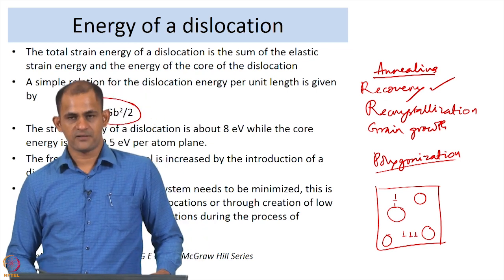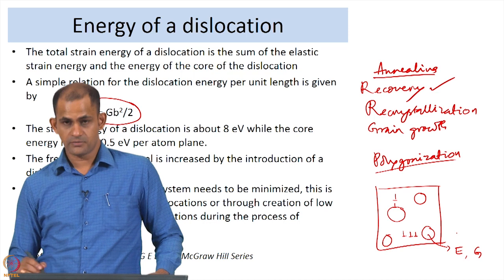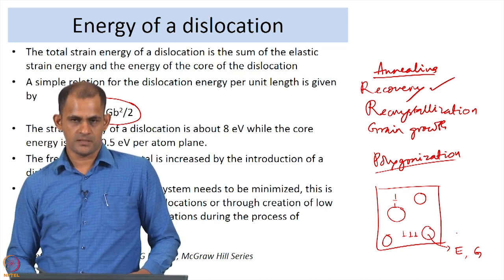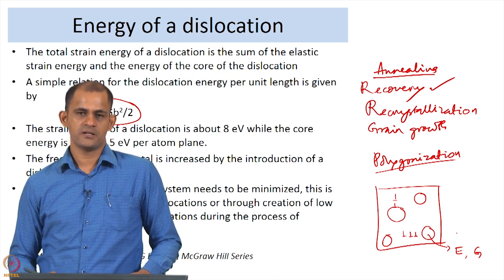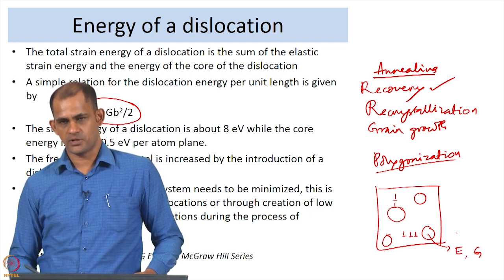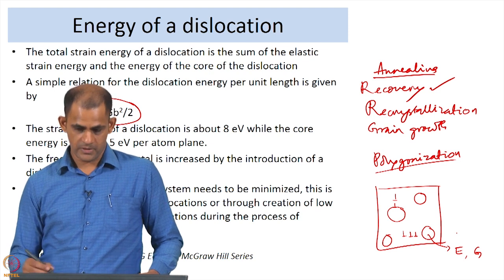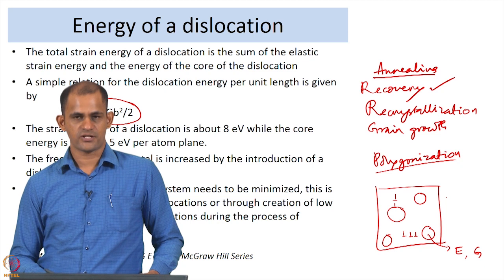If the second phase has a higher elastic modulus, the dislocation would rather prefer not to move into that second phase, because it is going to have a higher energy once it moves in. So, when you have second phases of that type, the material will have a higher strength.